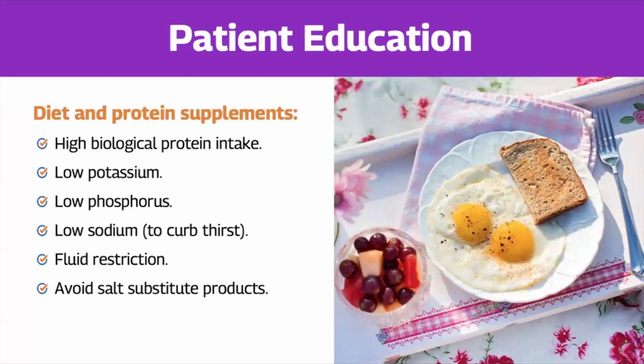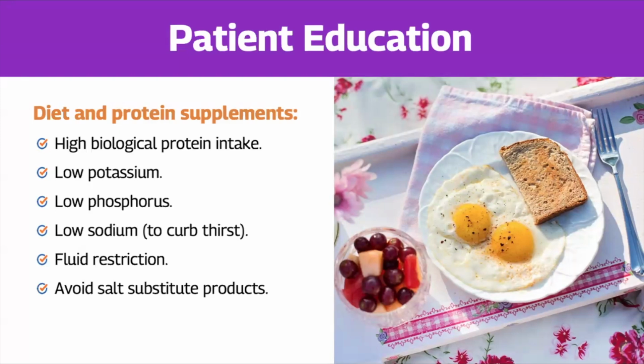So we also want to teach them about a low sodium diet, and we do that so that it curbs their thirst. You know, if you eat something very salty, in an hour or so you're very thirsty. The same thing happens with our patients. And that fluid restriction is also another point of education. And avoiding salt substitute products.